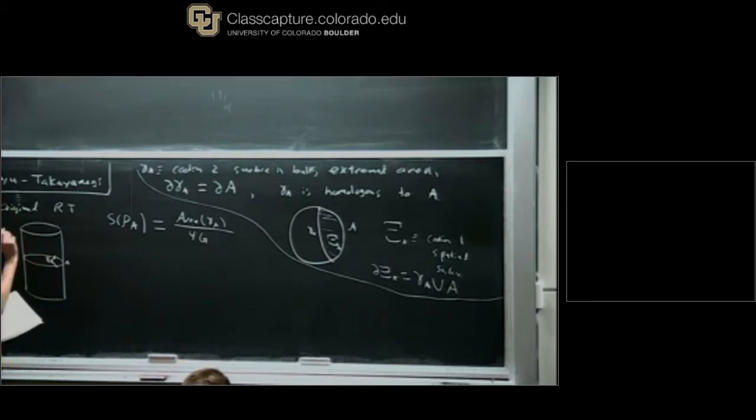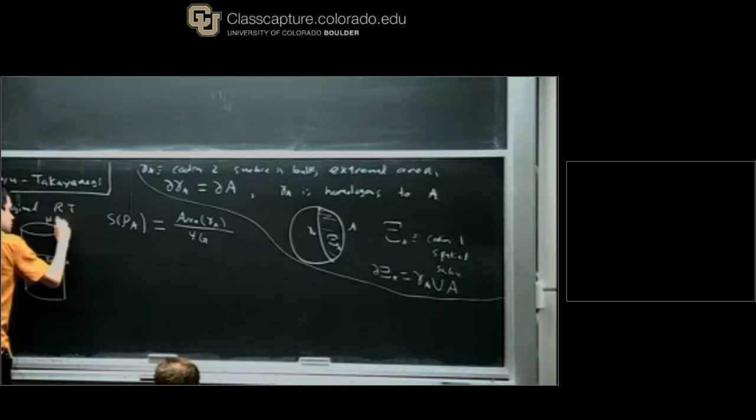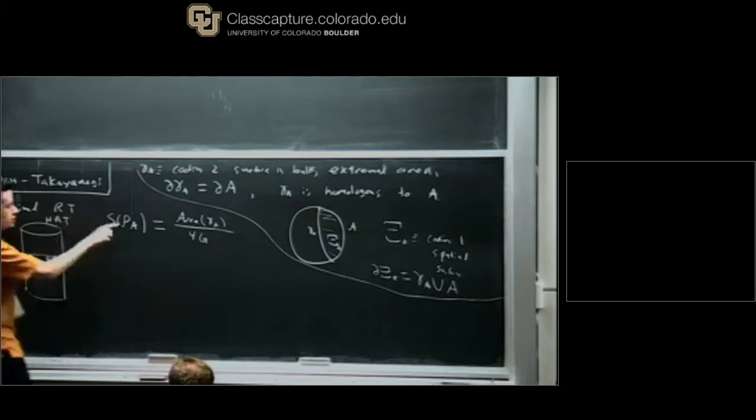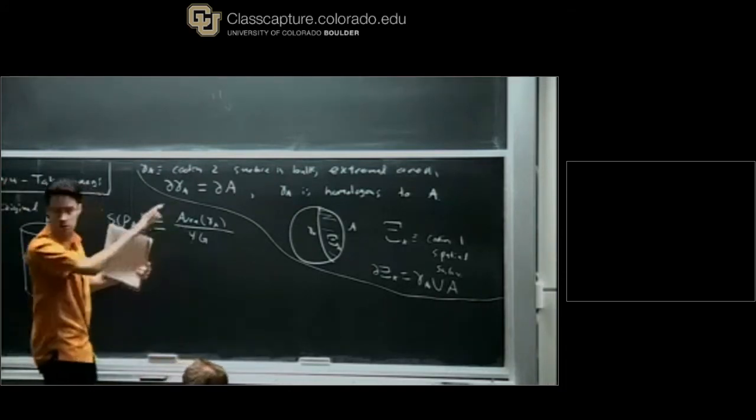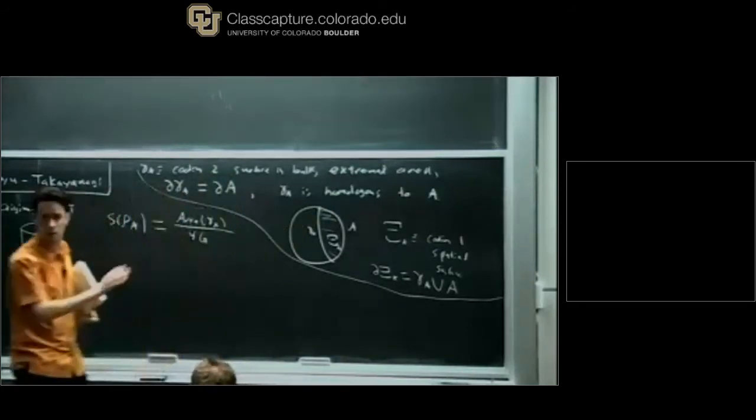To be historically correct, the version I described here is actually called the HRT proposal. RT is Ryu and Takayanagi, and they discussed only the case where the geometry is stationary in the bulk. They didn't talk about extremal, they just said minimal area surface.